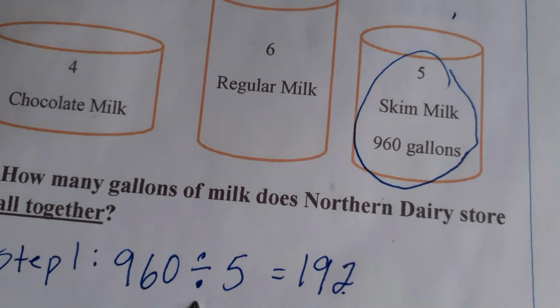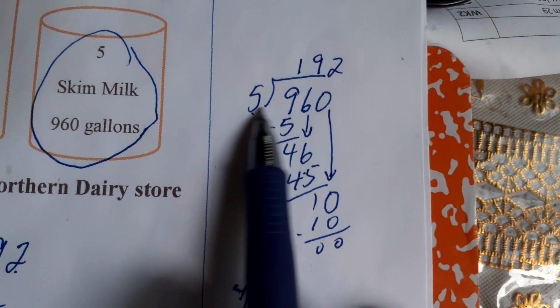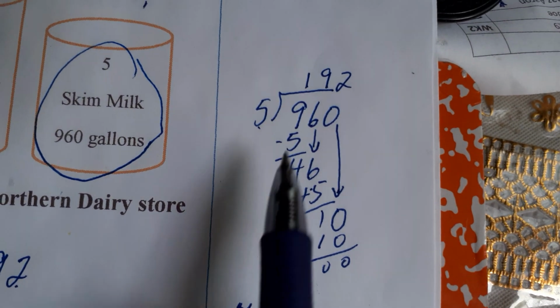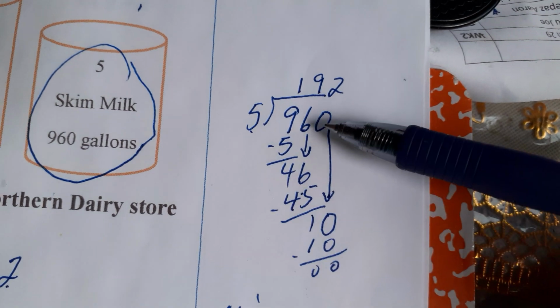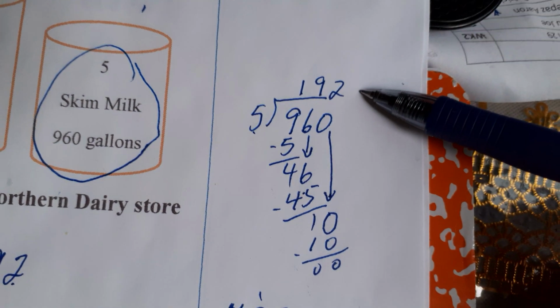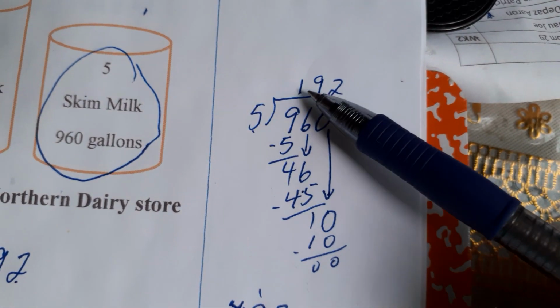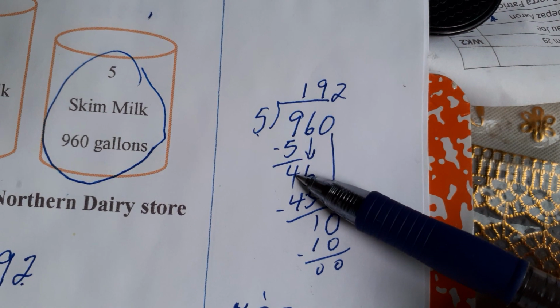Now, when you divide that, you make sure that you show it on your rough work. Okay, I have done this for you to give you an idea what to do. So on your rough work, you are going to do the division and find the quotient. Okay, you say 5 into 9 is 1. 1 times 5 is 5. 9 minus 5 is 4.